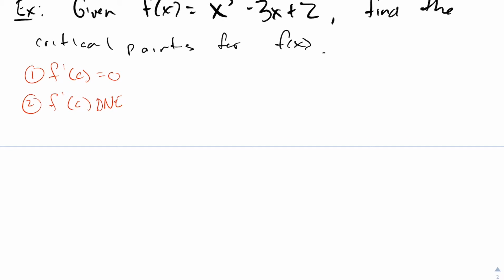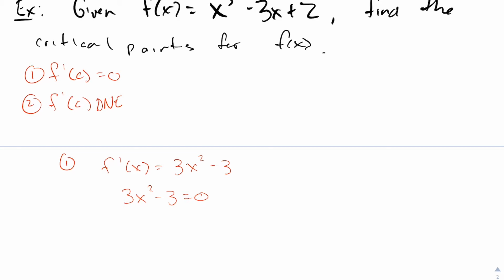So let's look for the first type. We'll want to take our derivative, which in this case we can just use the power rule, will be 3x squared minus 3. And we want to set our new derivative equal to 0 and solve for x.